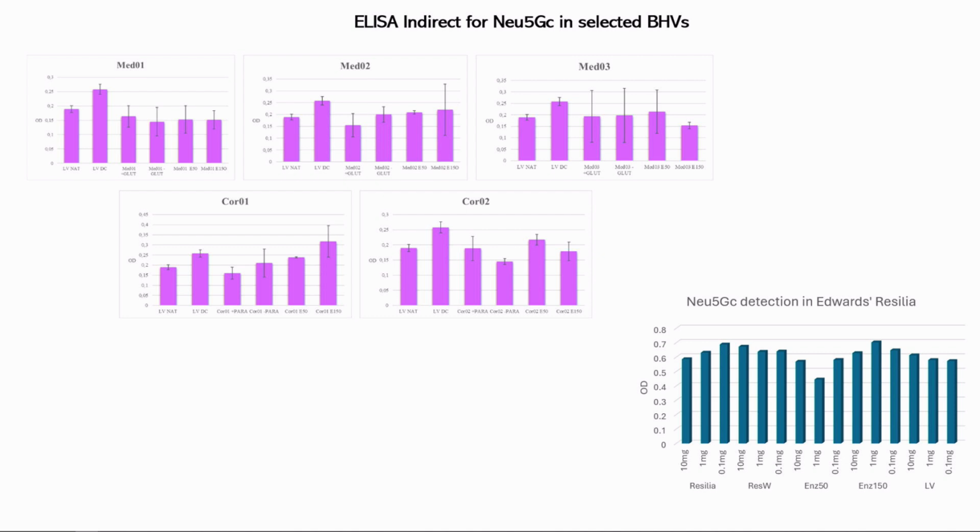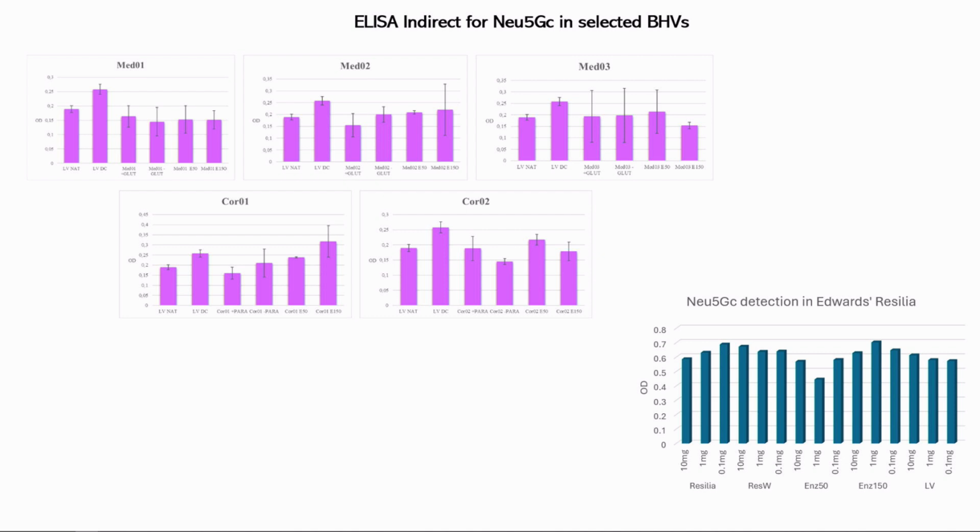We also performed the detection of Neu5Gc for all of them, and we did not treat them with the enzyme which is specific for Neu5Gc. Rather, we wanted to see the specificity of the galactosidase enzyme on these samples. So this is why we kept Neu5Gc in this data, just to see if the enzyme is non-specific.